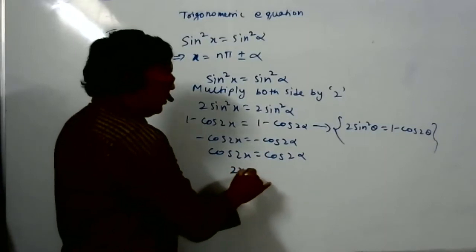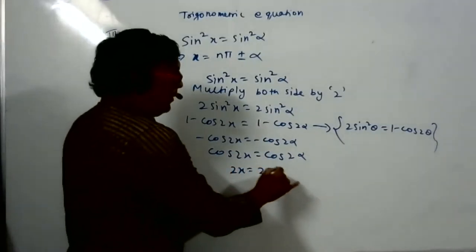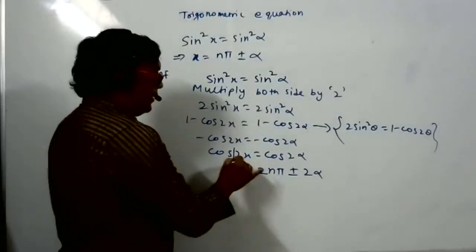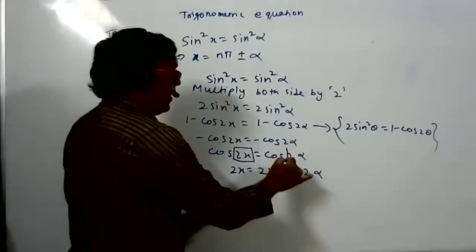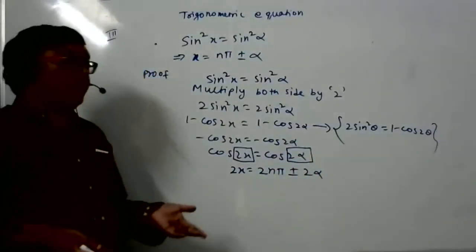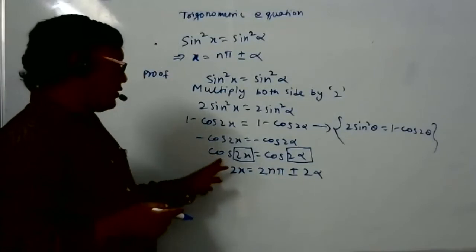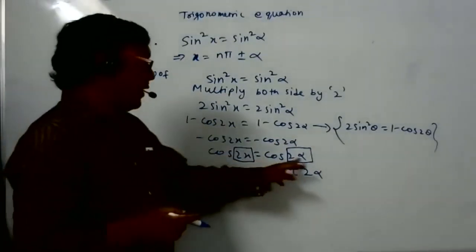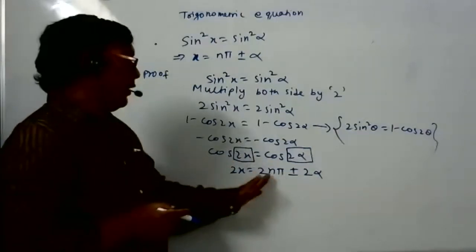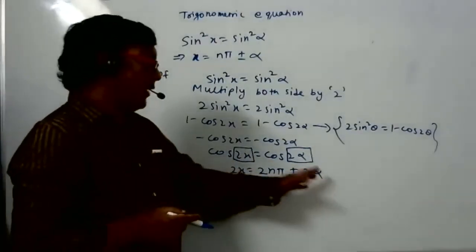Theta is equal to 2n pi plus minus alpha. See here, this is theta and this is alpha. So just type two formulas. Second one you see, cos x is equal to cos alpha, but here 2x and 2 alpha are there. So x is equal to 2n pi plus minus alpha, but alpha means 2 alpha.